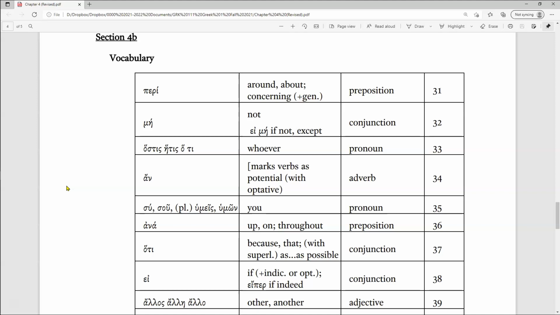So I don't know if that's my mnemonic device, but alla, from allos, we get words like allotropic or allophone or lots of words. But it doesn't mean "but," because the word that means "but" is accented on the last syllable.